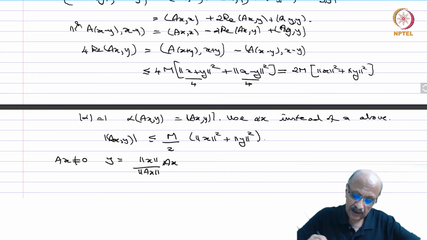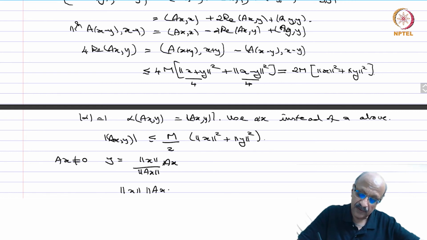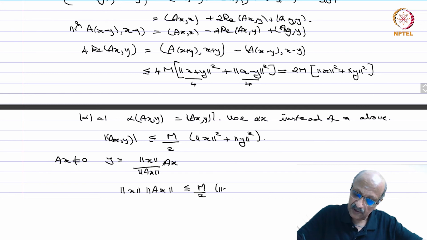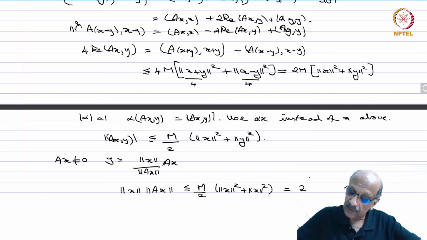Then if you take the left hand side, you get norm Ax squared, which will cancel with one of them here, and norm x will be there. So the left hand side will be norm x times norm Ax, which is less than or equal to M by 2 times norm x squared plus norm y squared. And norm y squared is precisely norm x squared again, so this is M times norm x squared.